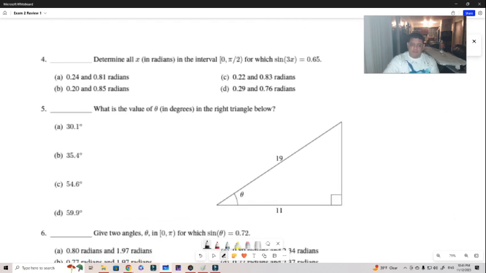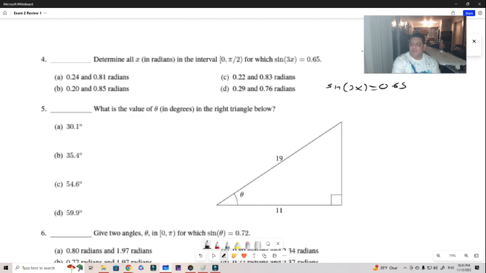Question 4 says, determine all x in radians in the interval 0 to pi over 2 for which sine of 3x is 0.65. So first of all, we want to check what value that is going to produce. So if sine of 3x is 0.65, we can get that in the calculator.